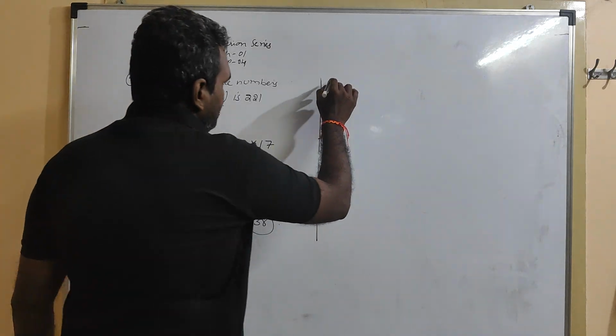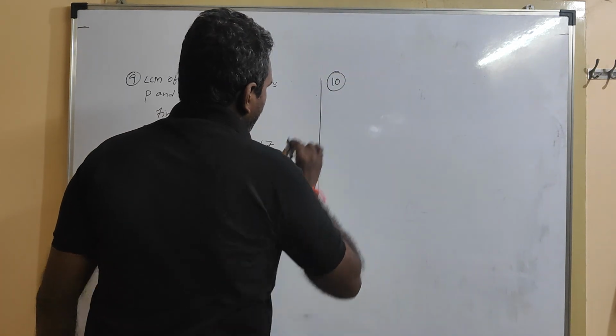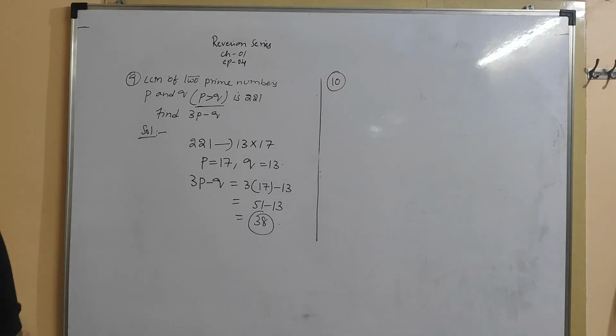And regarding another question, I think only word problems is there. Only word problems I left in LCM and HCF, and some miscellaneous problems are there. Those two we will be covering in the next video. In this video, only one question I will be telling you, that you see.